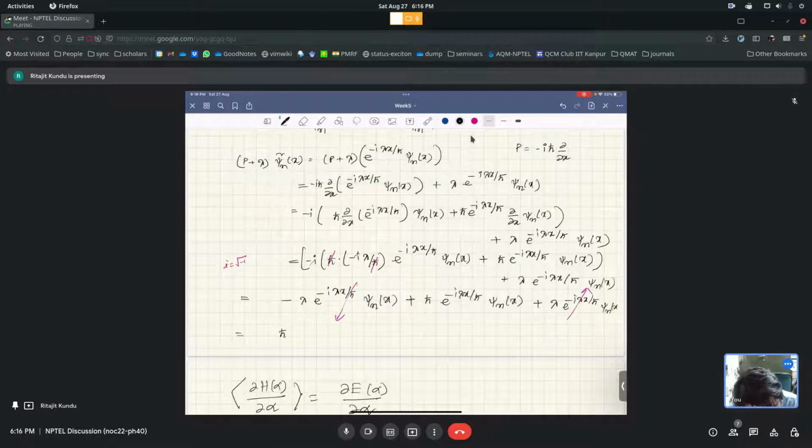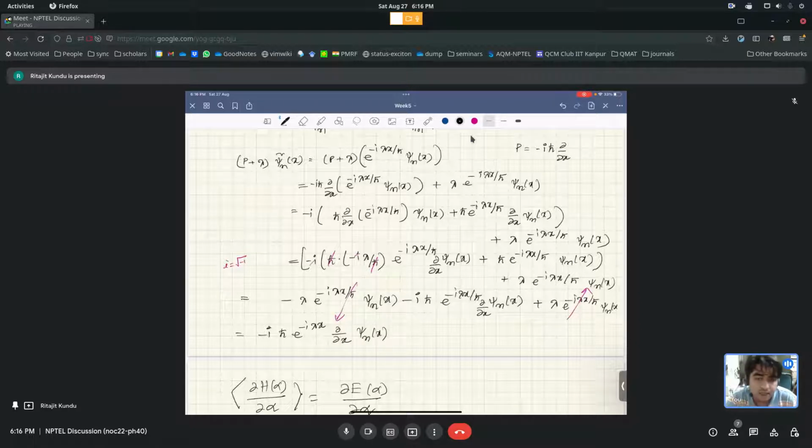I have missed one derivative actually, so del x, and I have also missed one minus, so minus i h bar e to the power minus i lambda x del x psi n of x.